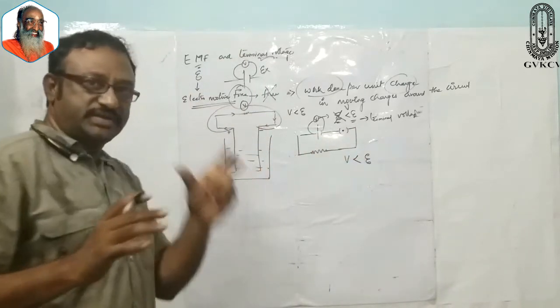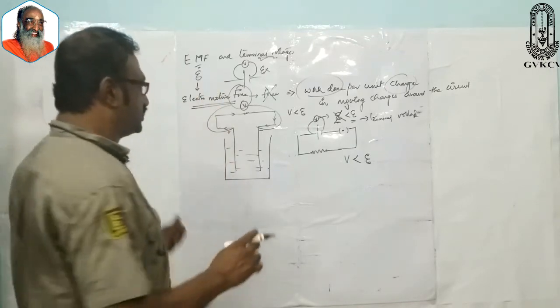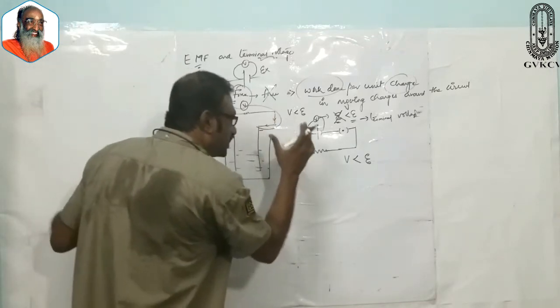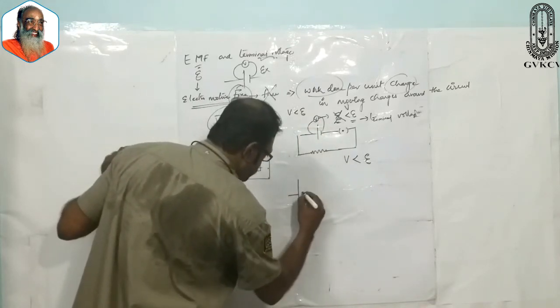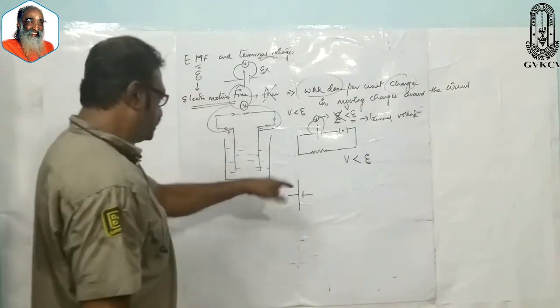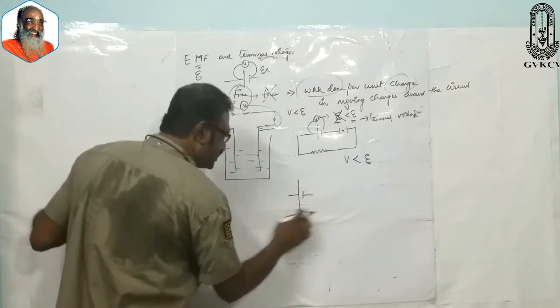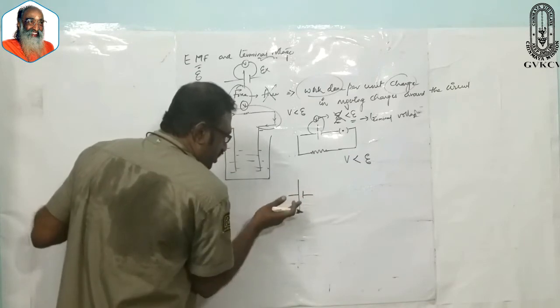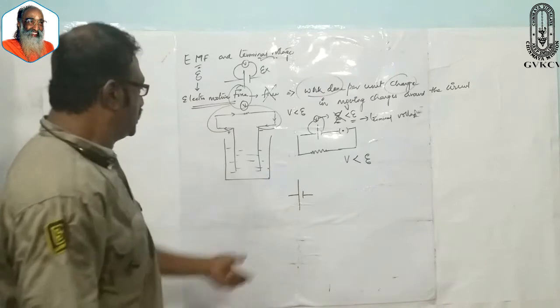So how can I show this? This we will be calling it as the cell, shown like this. And if we just leave it like this, that means we are not considering any internal resistance. Up to 10th class, the cell means you just wrote it like this. That means you are not considering the internal resistance.